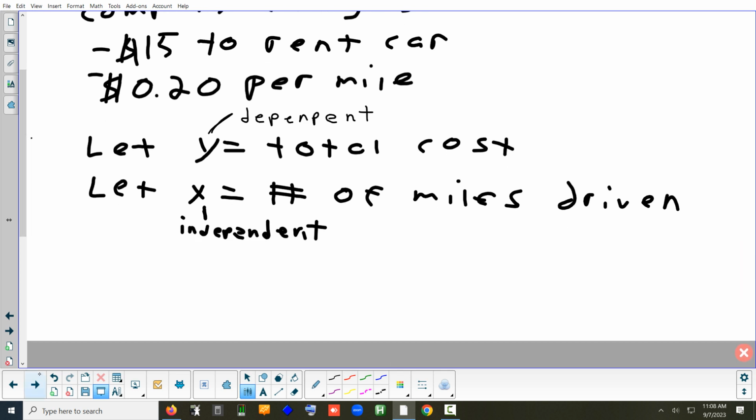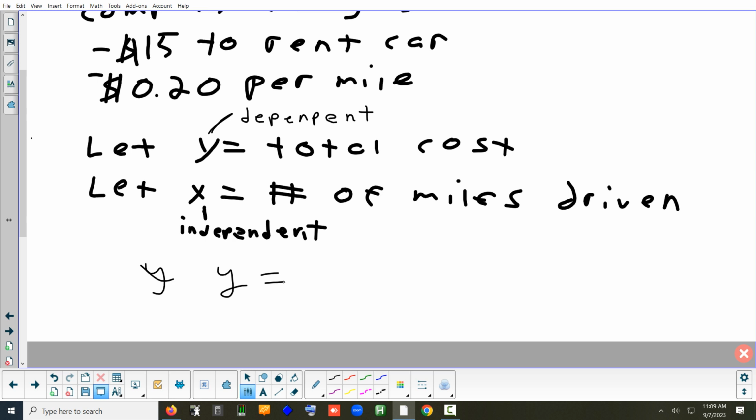Okay, anyone think they could give me a formula, starting out y equals, that would represent $15 to rent a car plus 20 cents for every mile you drive? Yeah.